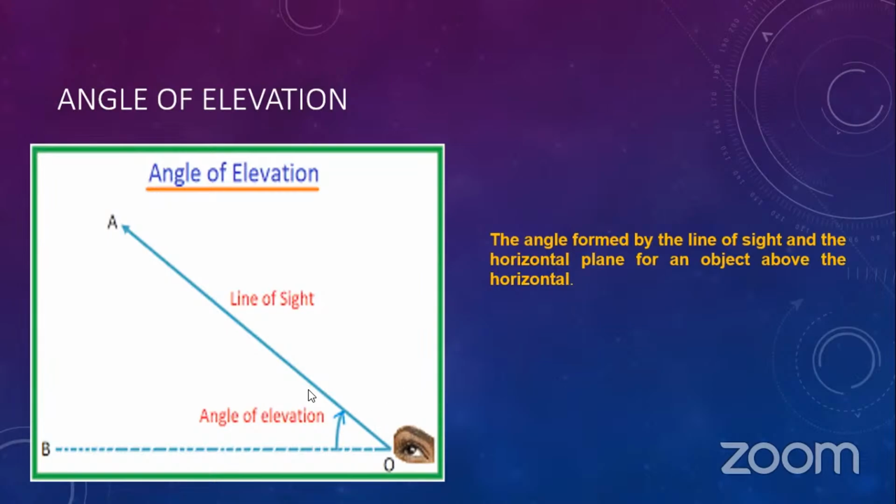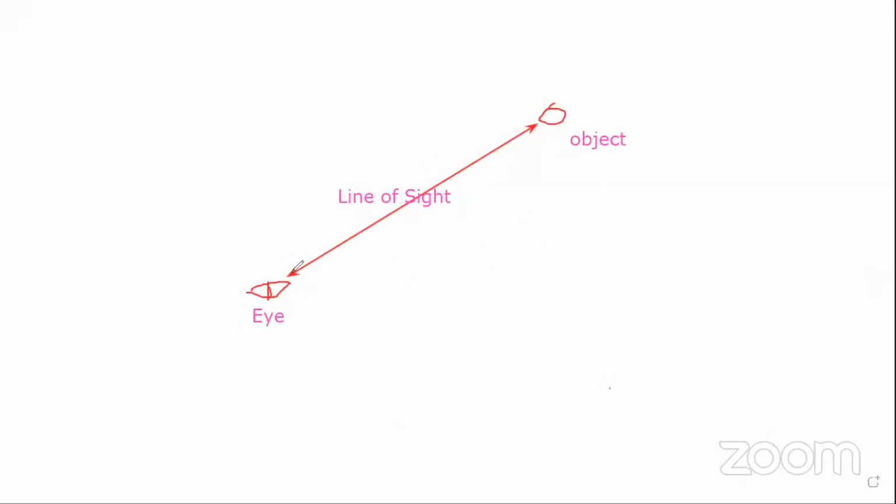And if I am seeing an object which is above your height, whatever angle we make here, this is my eye and I am seeing this object here, and suppose this is the horizontal line.